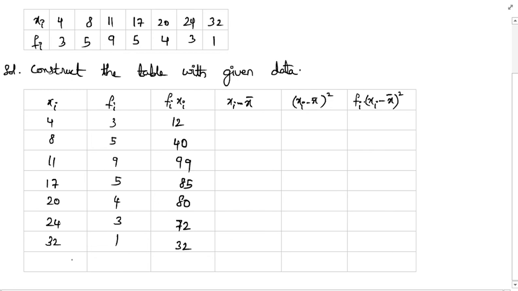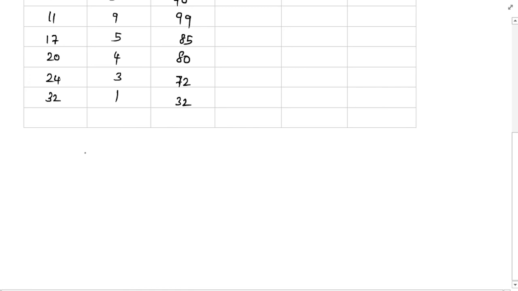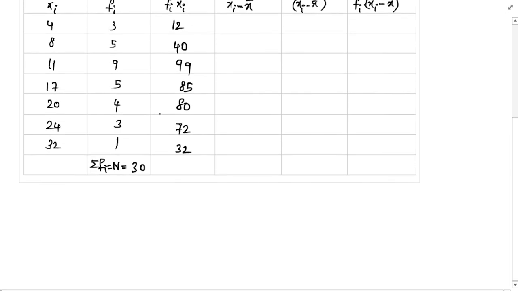And xi minus x bar. For that we have to find x bar, right? So for that first we have to find summation of fi. Summation of fi, that is n, is equal to 30 here. Just sum all these values, you will get 30. Then summation of fi xi is equal to 420 here. So with that we will find our x bar.